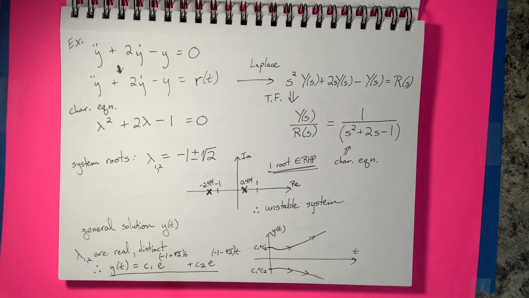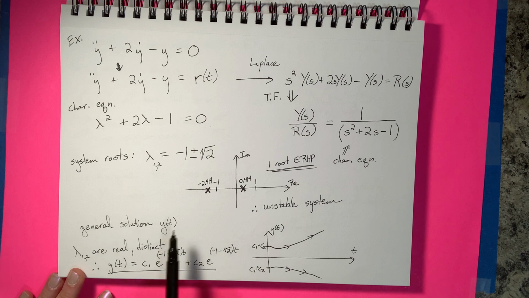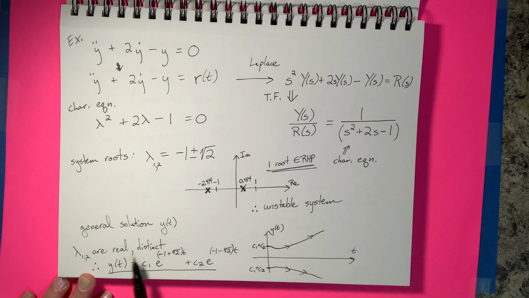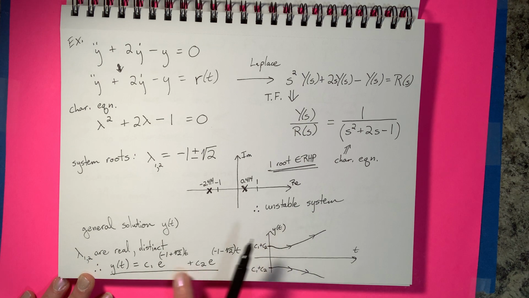Okay. If we wanted to take this a step further and just continue evaluating the system, everything we've done so far, we have the general solution we could find. So we know what the system roots are. We know that they are a real and distinct pair. So nothing repeated, nothing complex. So we can evaluate them in the general solution format for real and distinct roots.